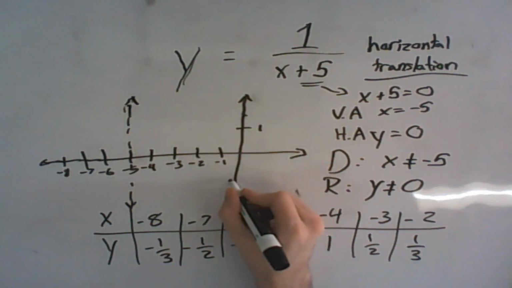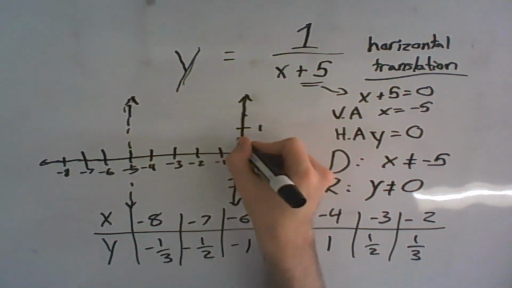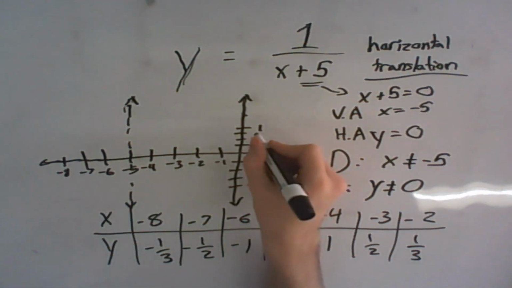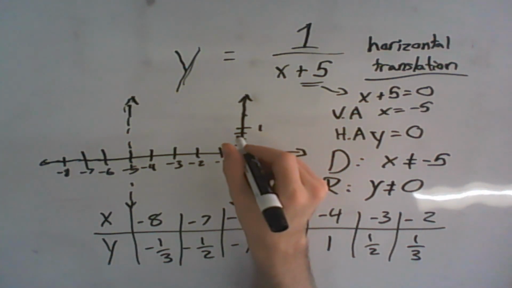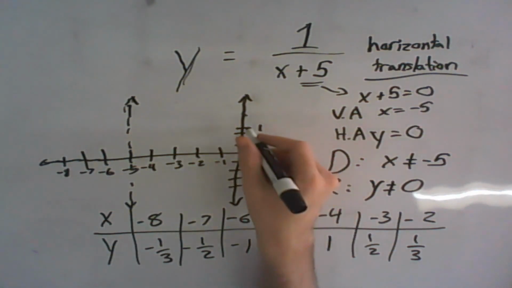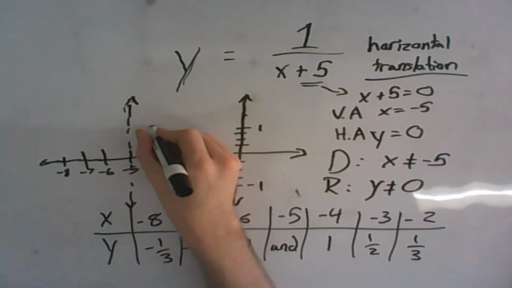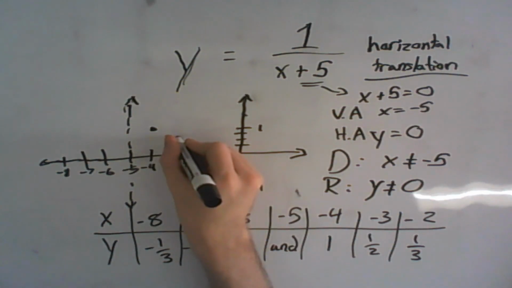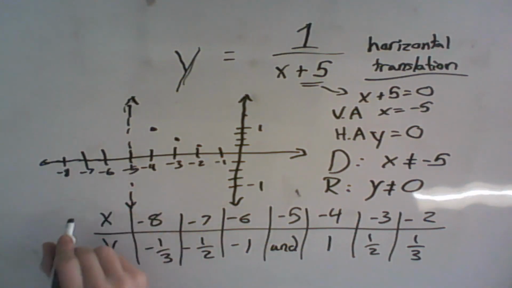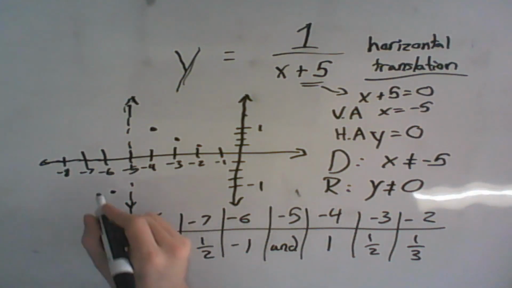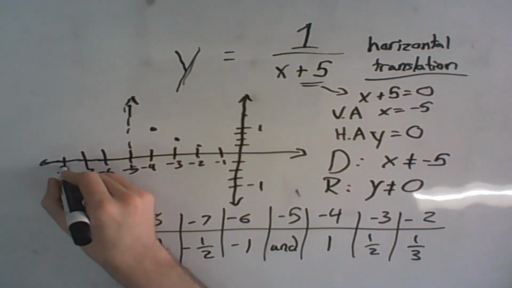I'm just going to expand our 1 and negative 1 so that it's clearer. So at negative 4, we're at 1. At negative 3, we're at 1/2. And at negative 2, we're at 1/3. At negative 6, we're at negative 1. At negative 7, we're at negative 1/2. And at negative 8, we're at negative 1/3.